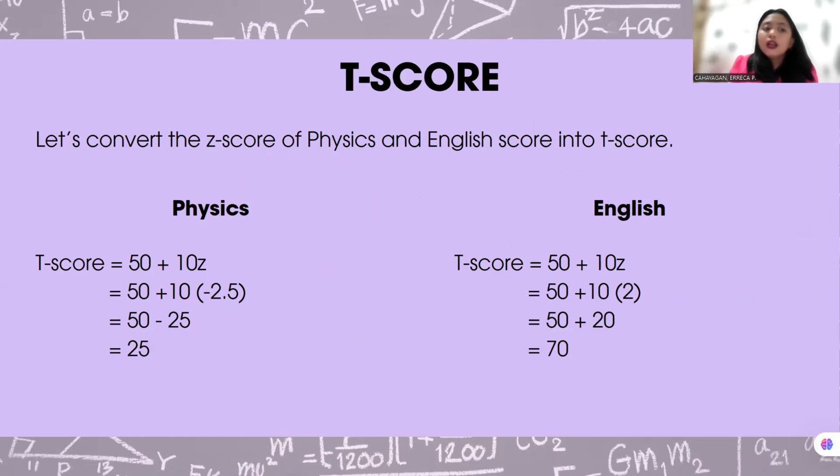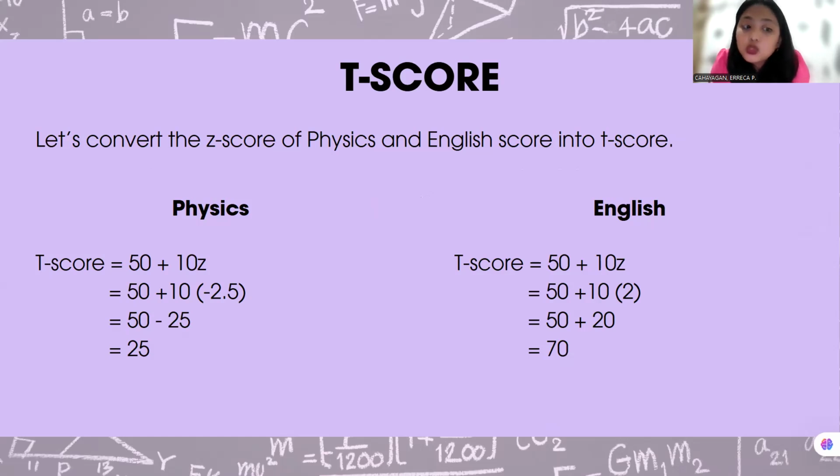The t-score formula is equal to 50 plus 10 times the z-score. So 50 plus 10 times negative 2.5. 10 times negative 2.5 makes it negative 25, because 10 is positive and 2.5 is negative, so the sign becomes negative.